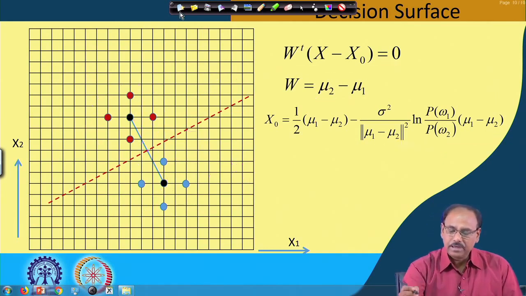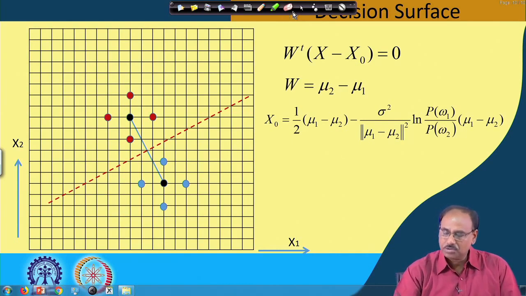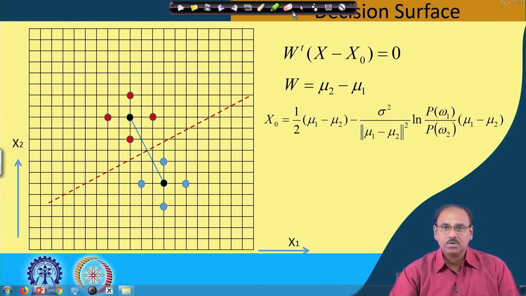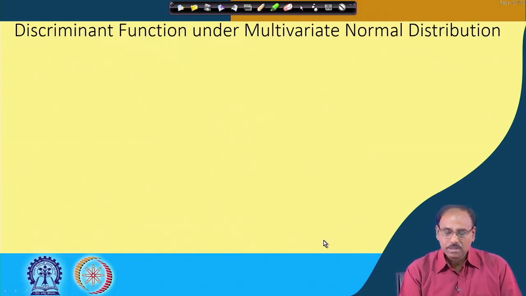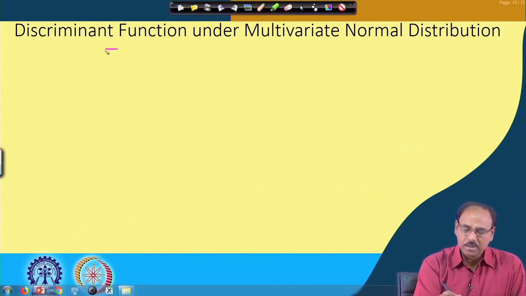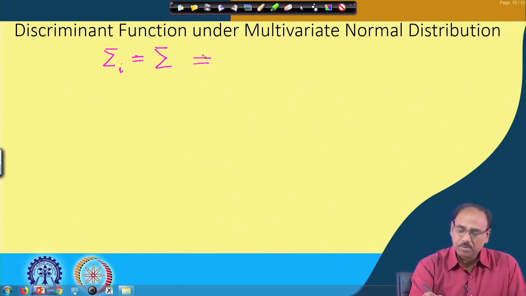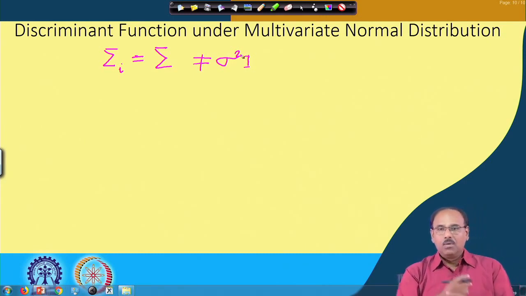So, this is what we get for a simple case when I have a situation that sigma I is equal to sigma square I. Now, let us go to the next case, where sigma I is equal to sigma, but this may not be of the form sigma square I. What does it mean?